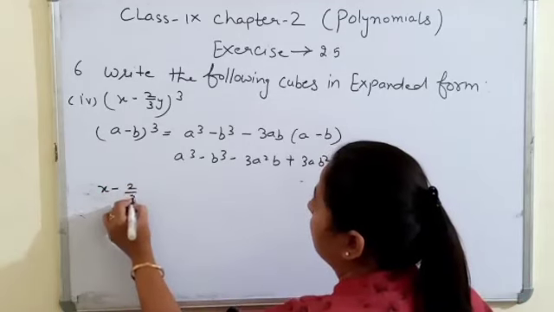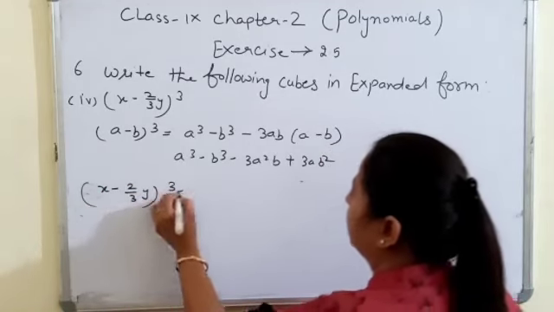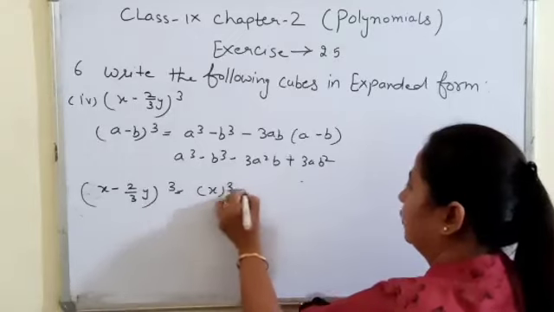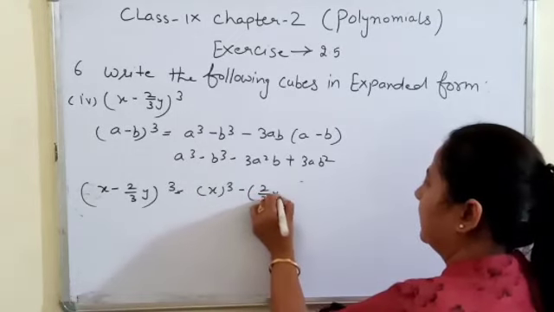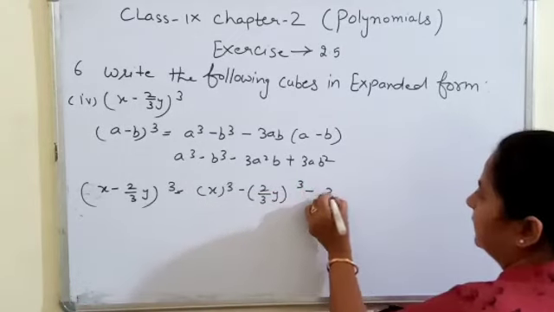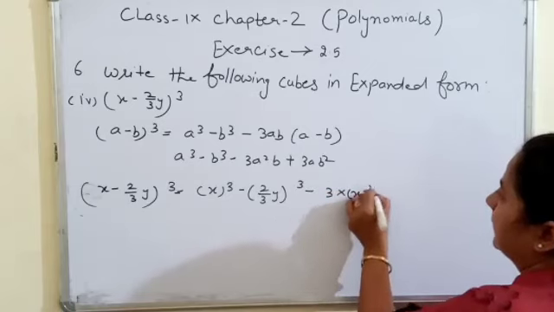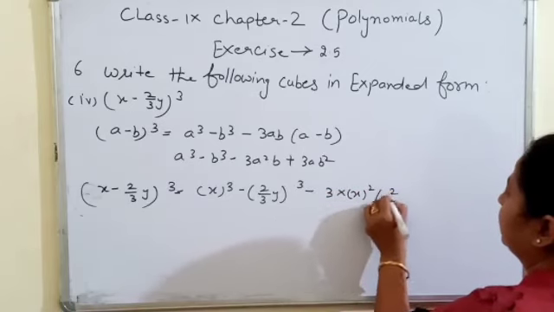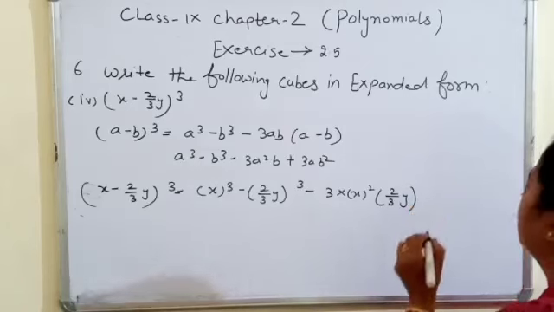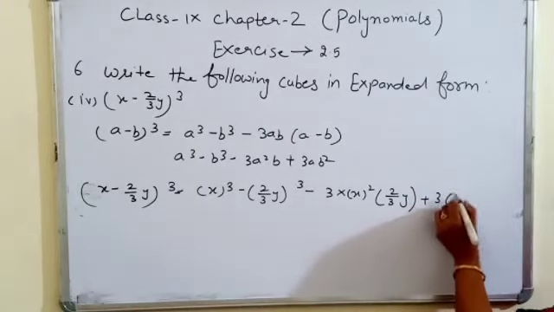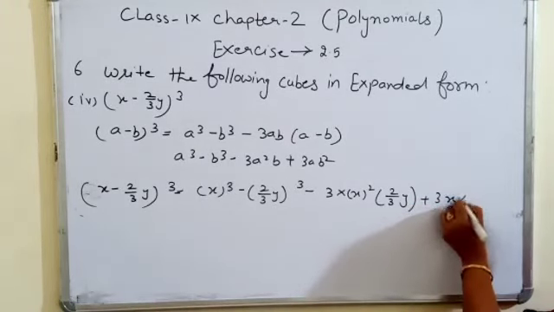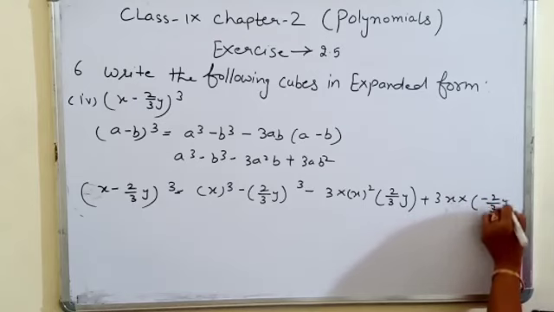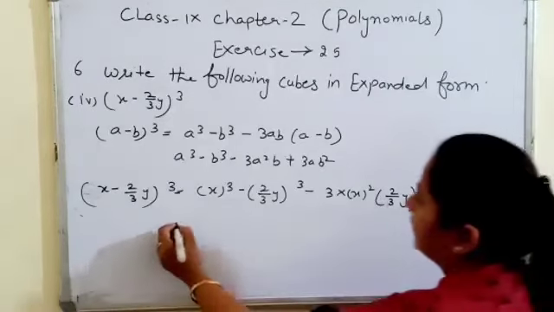X minus 2 upon 3 y whole cube, A cube minus B cube minus 3 A square B plus 3 A into B square.